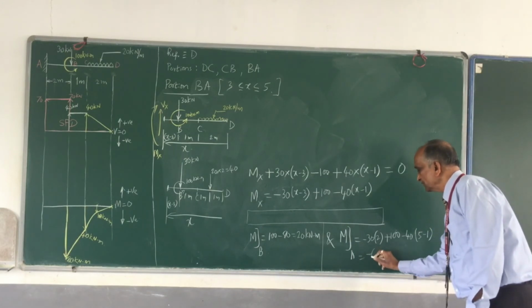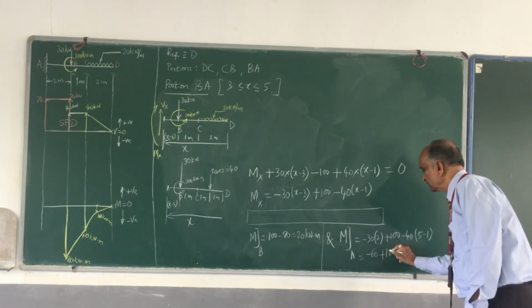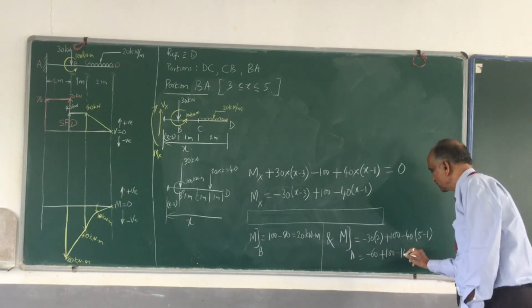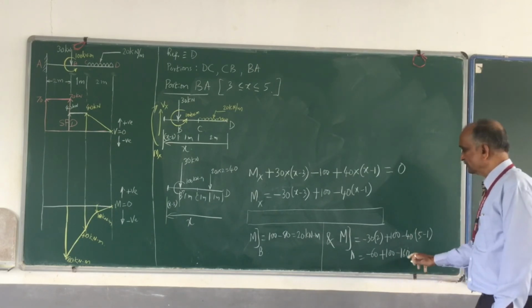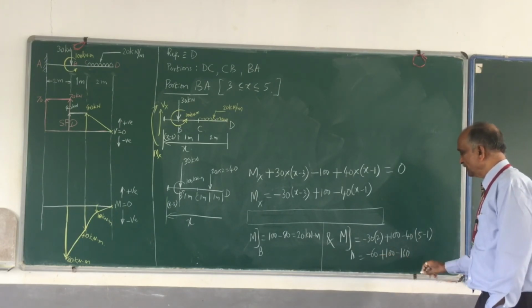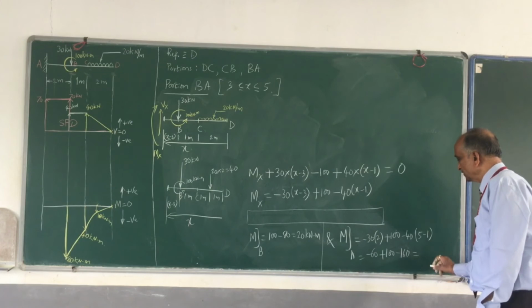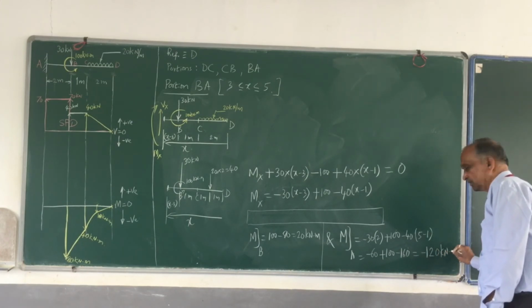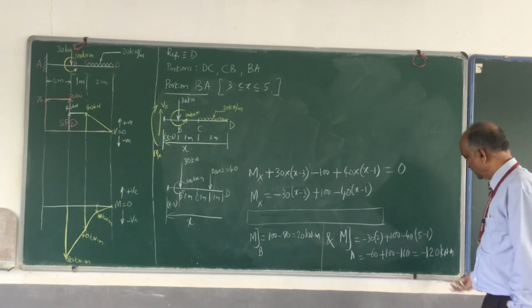Simplify this. This is minus 60, plus 100. 5 minus 1 is 4, 4 into minus 40 is minus 160. Minus 160 minus 60 is minus 220. Minus 220 plus 100 is minus 120 kilonewton meter.